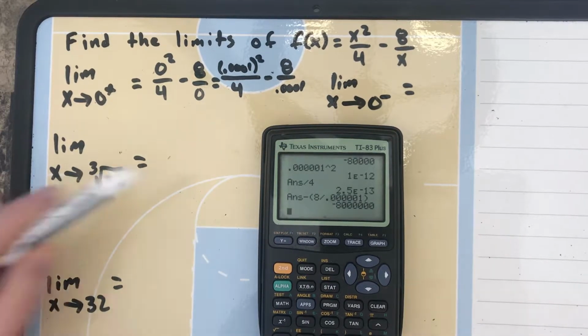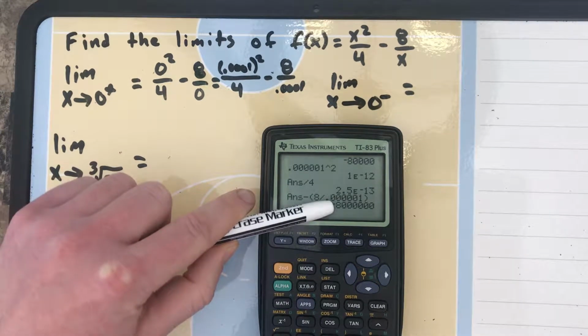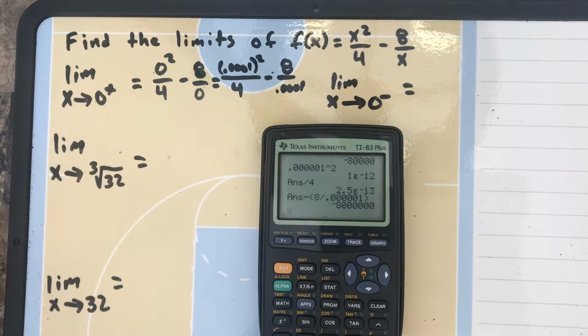And all of a sudden I go from negative 80,000 to negative 8 million. So by plugging in a smaller number, I'm getting closer to 0.